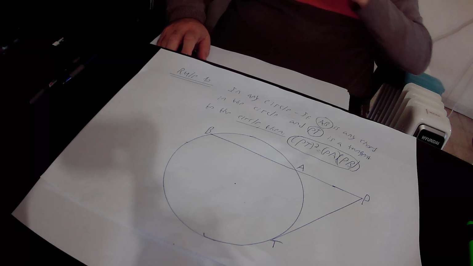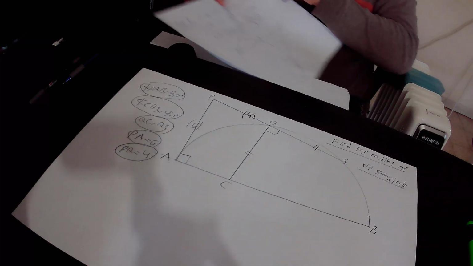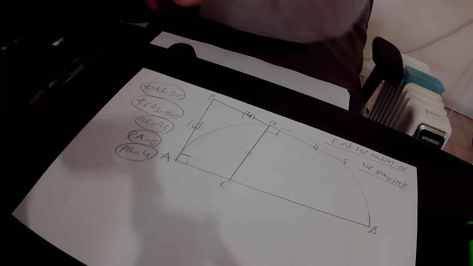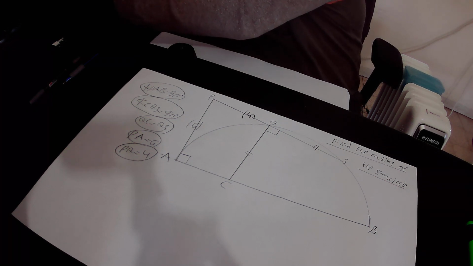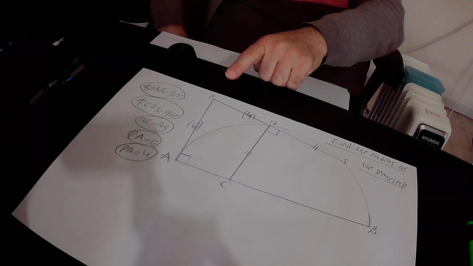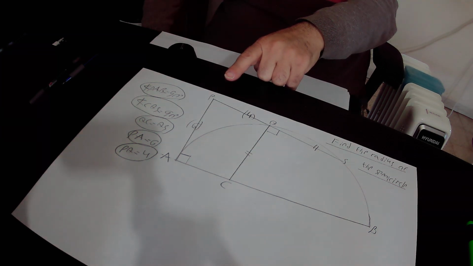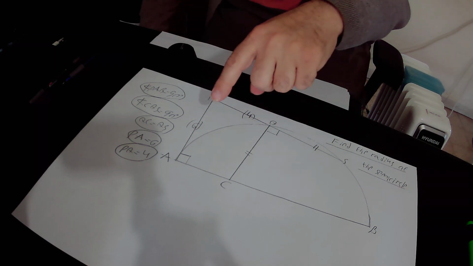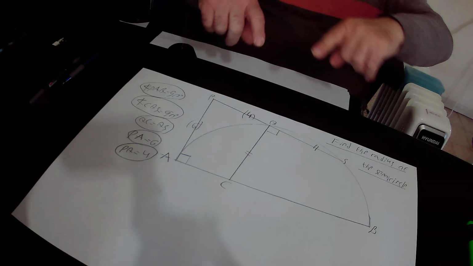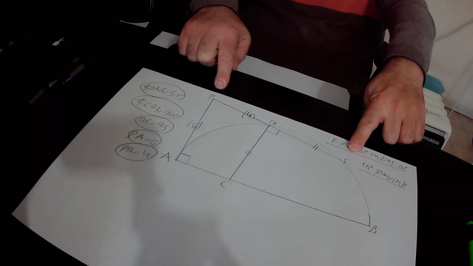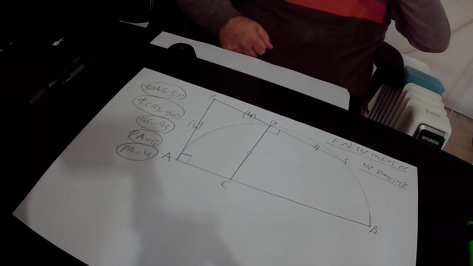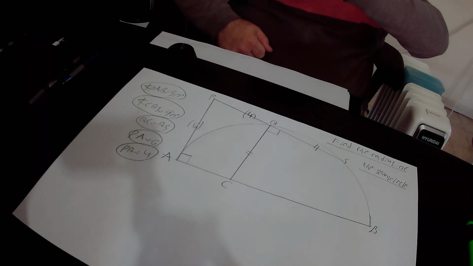Because in our drawing we have the common external point P. From the common external point P, we have tangent PA that is tangent to the semicircle at point A. And we also have line segment PS that cuts the semicircle at points Q and S. So all the requirements of rule number 10 are met.